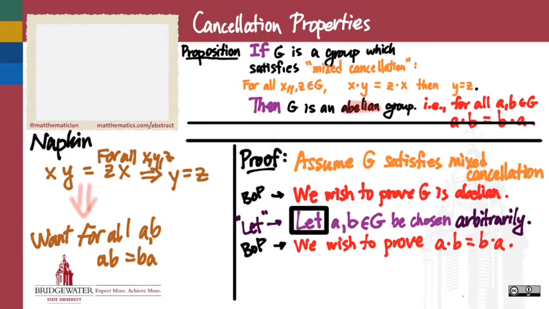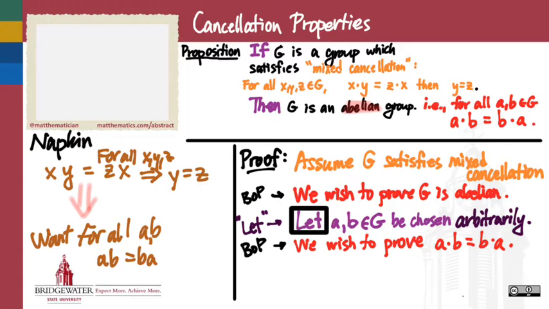In this proof, we're assuming that G is some group that satisfies what we call mixed cancellation. This is that thing that's not quite left cancellation, it's not quite right cancellation. It says that if I have an x on the left side of one expression and the right side of the other expression in my equation, then a mixed cancellation group has the property that we can cancel those x's and get y equals z.